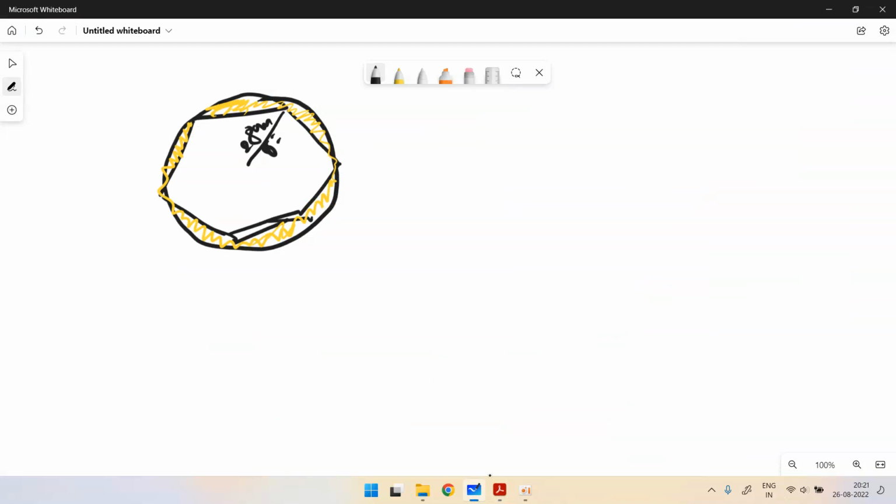R is 28 centimeter, and the rate of making this is 0.35 rupees per centimeter square. Find the total cost of making this design.